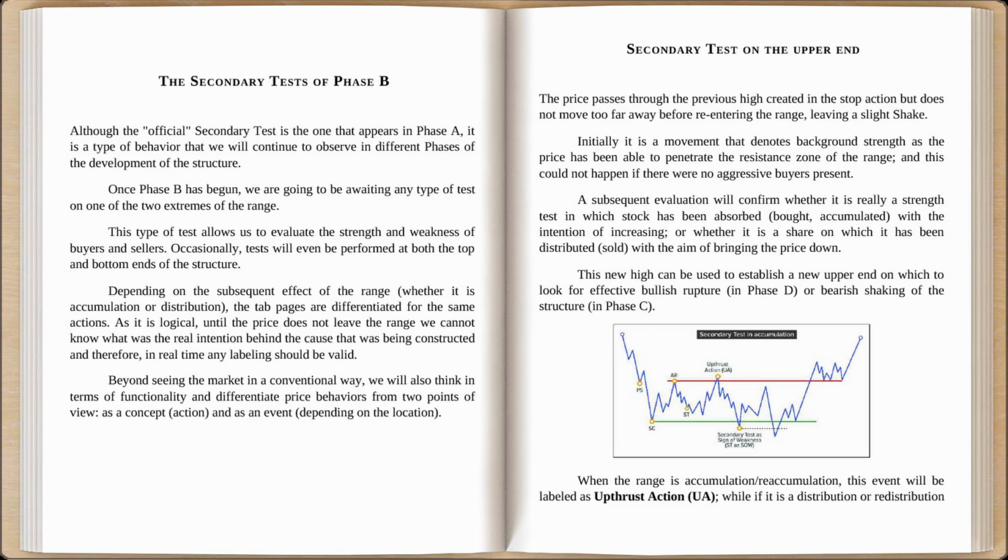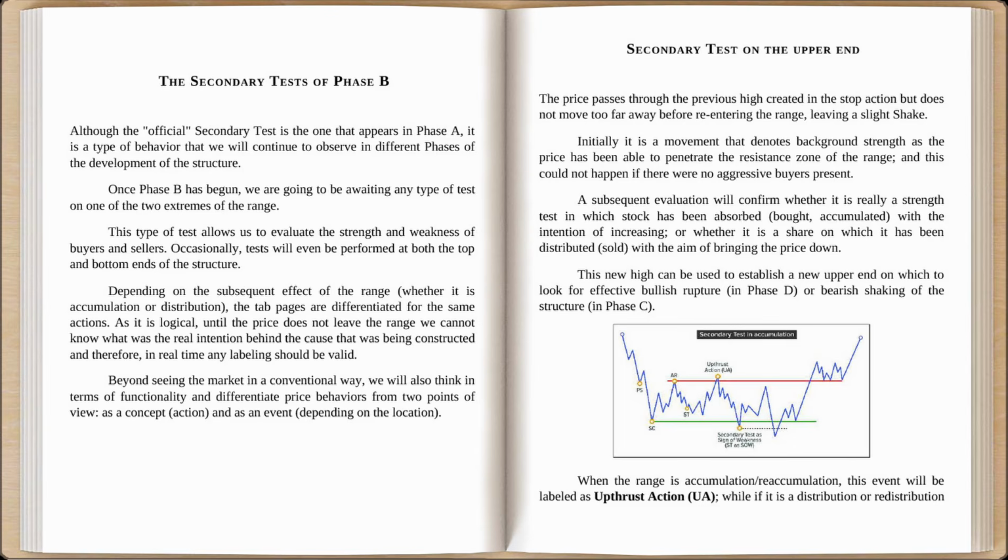Initially, it is a movement that denotes background strength as the price has been able to penetrate the resistance zone of the range, and this could not happen if there were no aggressive buyers present. A subsequent evaluation will confirm whether it is really a strength test in which stock has been absorbed, bought, accumulated with the intention of increasing, or whether it is a share on which it has been distributed, sold, with the aim of bringing the price down.